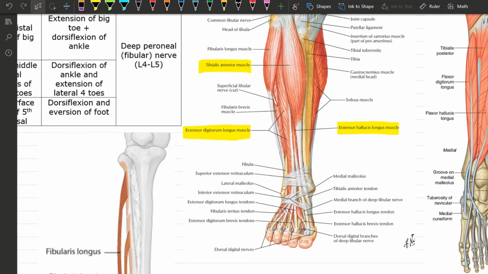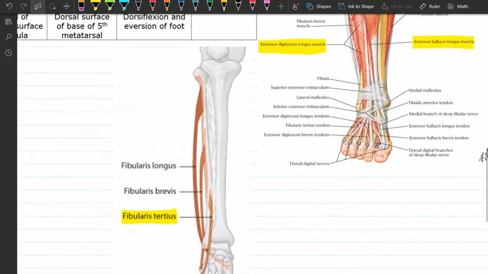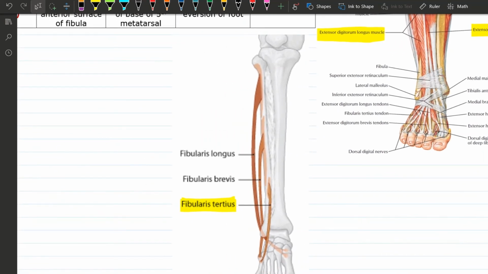Then we have the fibularis tertius that we looked at on this image right here, and we see that it's going to be originating somewhere in the fibula, and it's actually going to be the lower anterior surface of the fibula.